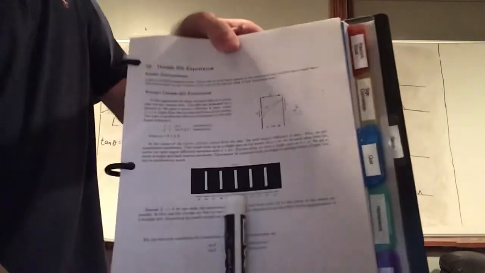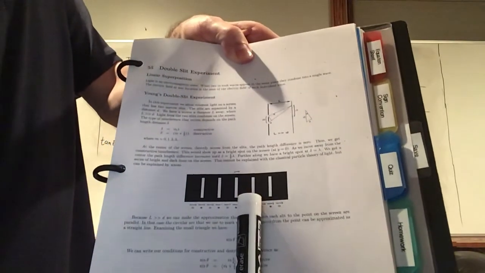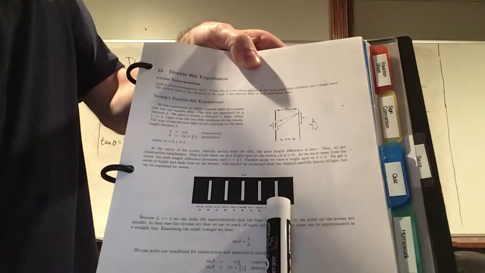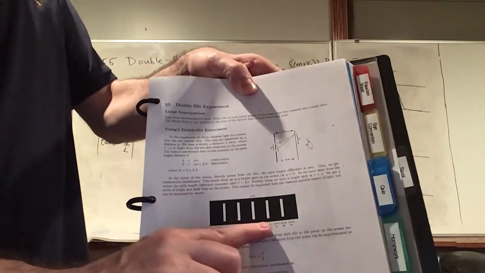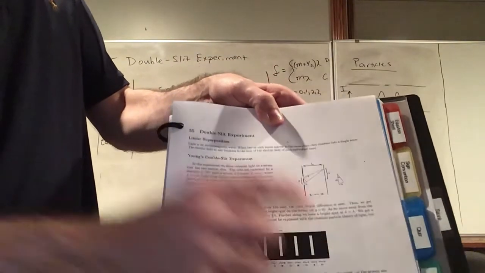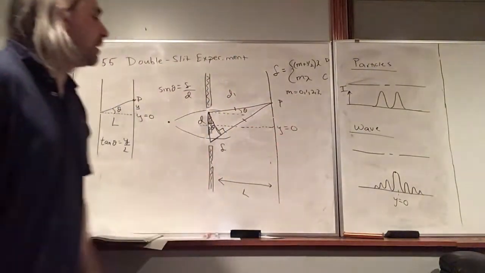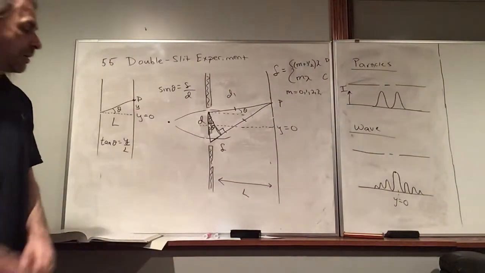I don't know if you can see it, but right in the middle, that's the m equals 0 constructive interference. Then the next bright band is m equals 1 constructive, and that's m equals 2 constructive. And right in the middle, this is the m equals 0 destructive, m equals 1 destructive, m equals 2 destructive. So these are the m values we're talking about.